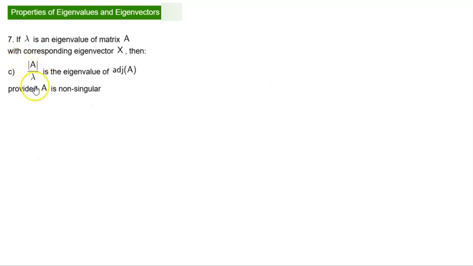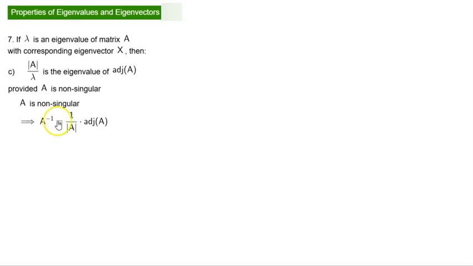Determinant of A divided by lambda is the eigenvalue of adjoint of A, provided A is non-singular. So let's start with the fact that A is non-singular, which implies A inverse exists.